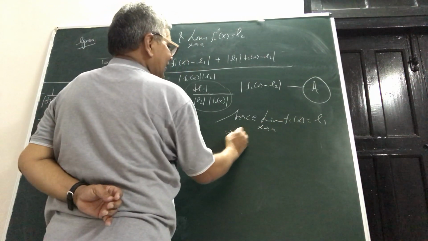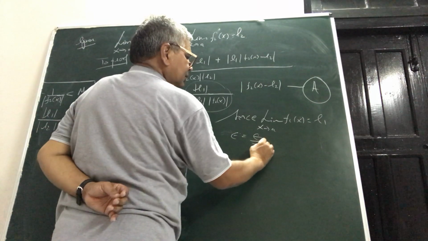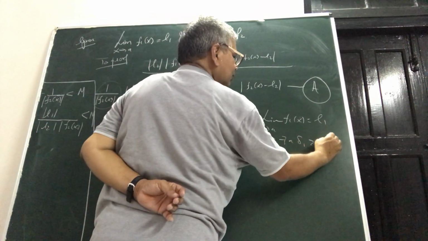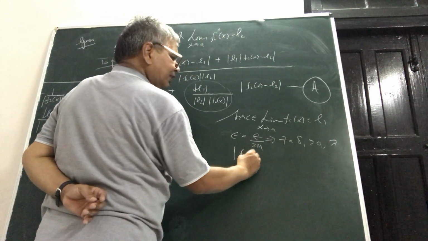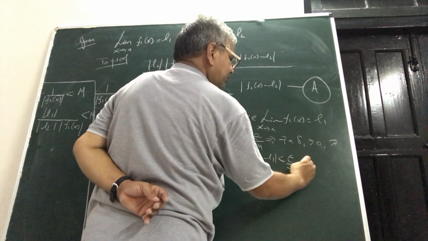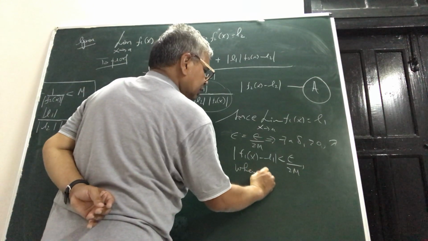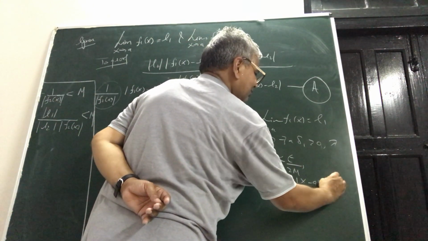It means let epsilon equal epsilon by 2m. So this implies there exists a delta 1 greater than 0 such that mod f1x minus L1 will be less than epsilon upon 2m whenever 0 is less than mod x minus a is less than delta 1.